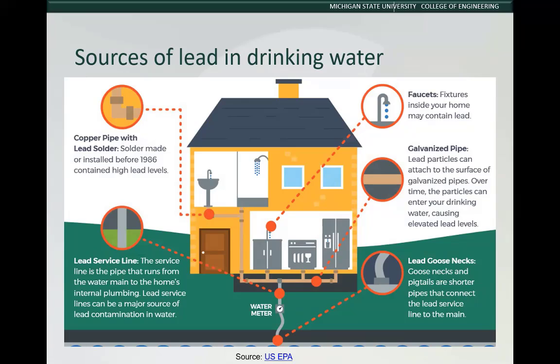fixtures may contain lead. In 2014, the federal government passed a regulation changing the requirements for what we call lead-free fixtures. So previously, what was considered a lead-free fixture could contain up to 8% lead.